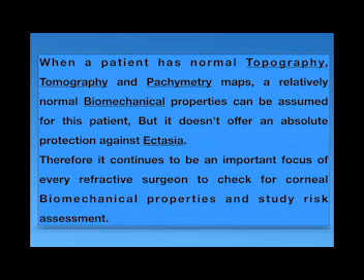So if you have abnormal corneal hysteresis in this patient, even with normal topography, normal tomography and normal pachymetry, you have to exclude or think again about this patient, because one of the main tools is not available in this patient.